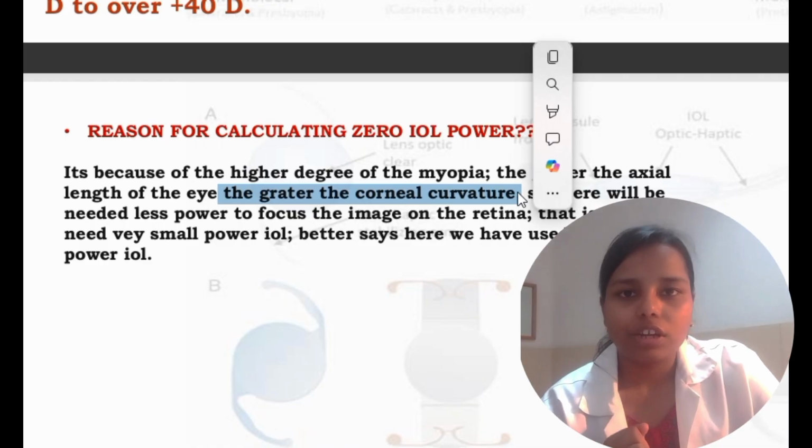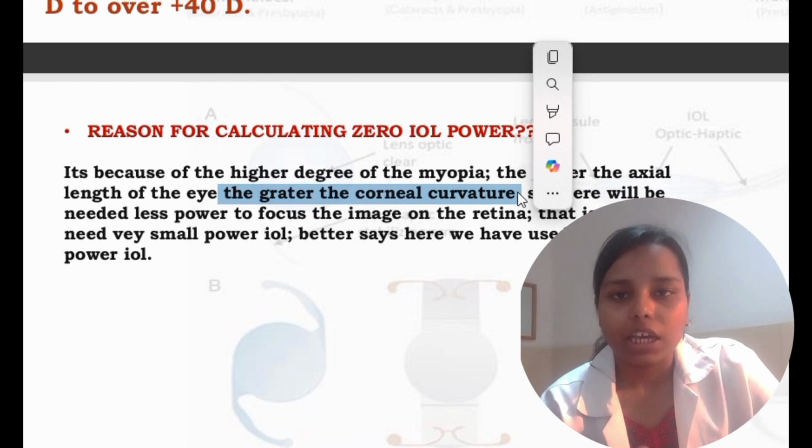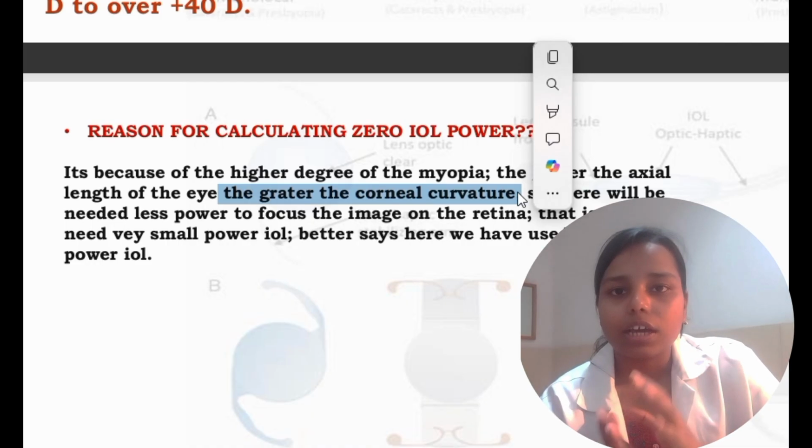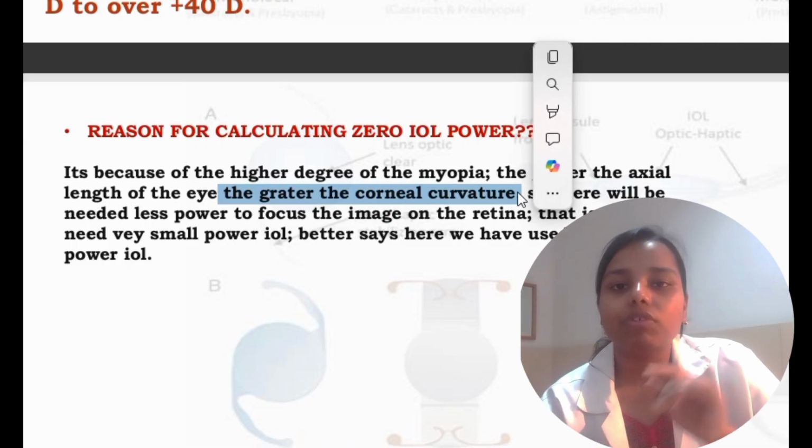Yes, you are correct. Logically you are correct, but we have to keep other things in mind: the complications. What are the complications of an aphakic condition? If we leave that patient aphakic, there will be some complications, right? So for removing those complications of aphakia, we are putting that zero power IOL.